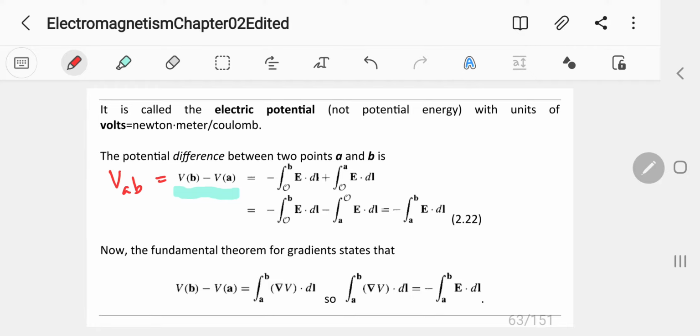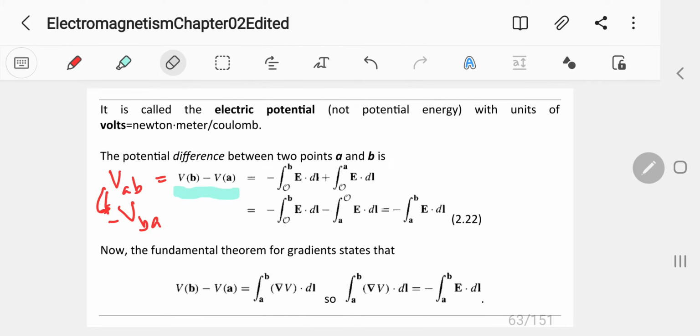By the way, V_BA and V_AB are equal in magnitude, but the sign is opposite. So V_AB is equal to negative V_BA.